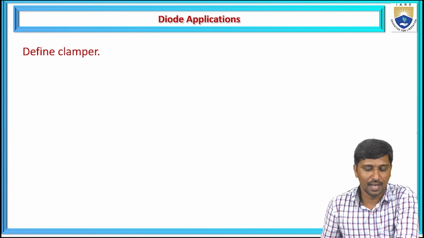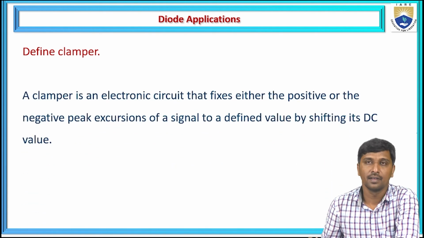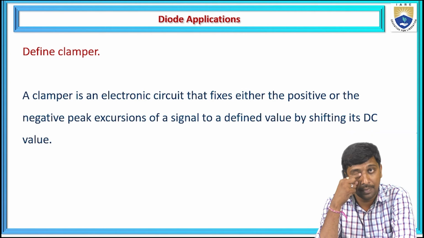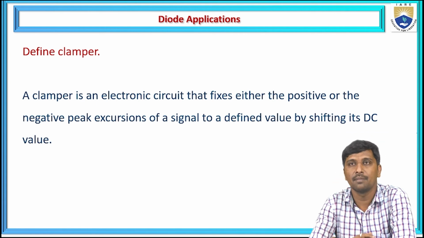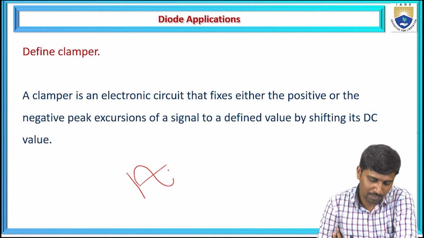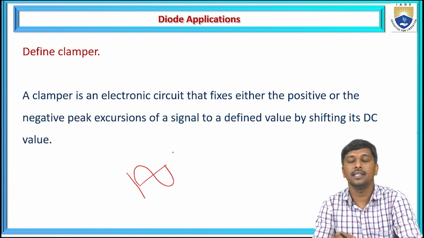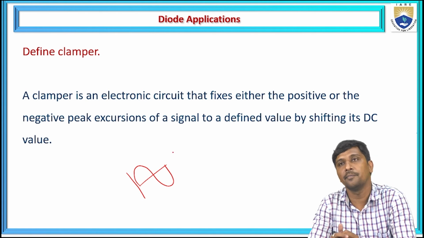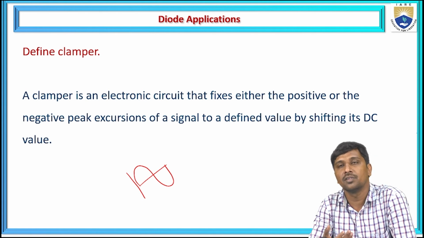Now define clamper. A clamper is an electronic circuit. Let's say this is a given input signal. Maybe your DC level is adjusted at either a positive portion or a negative one. That is the reason the signal should be shifted towards either a positive direction or a negative direction.